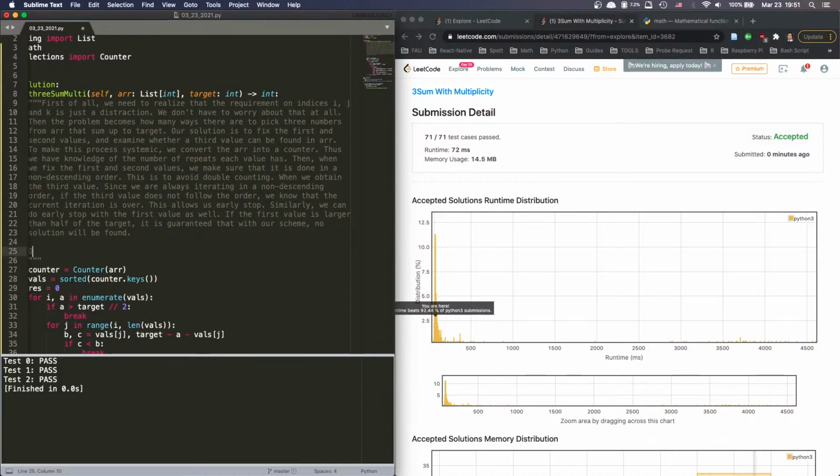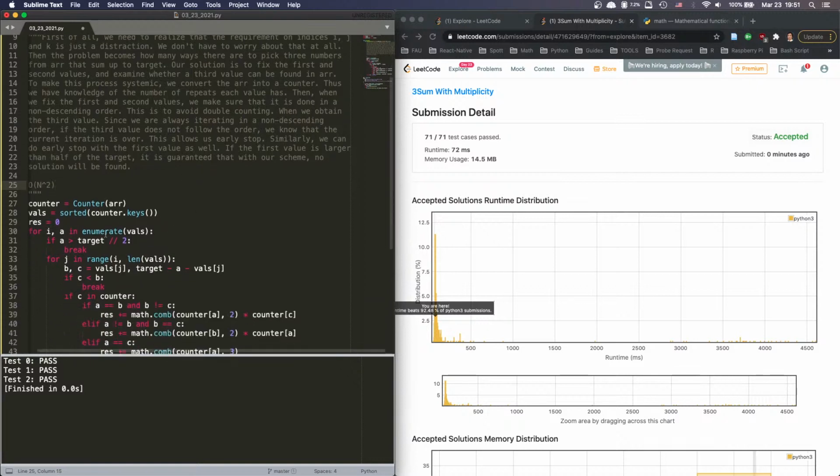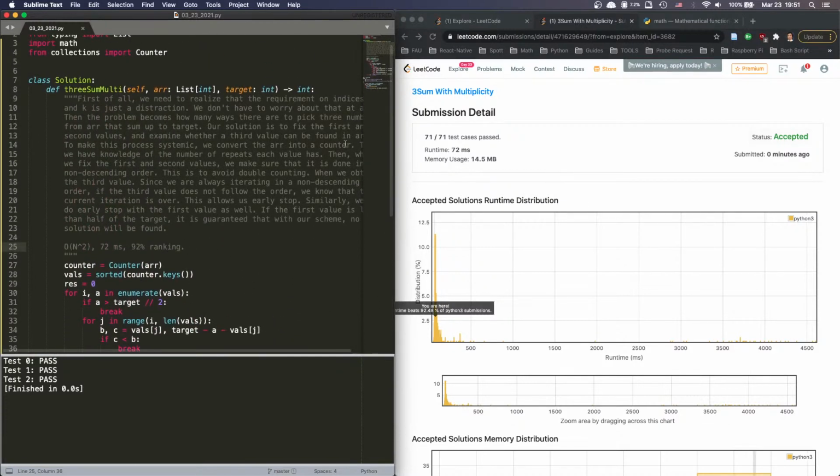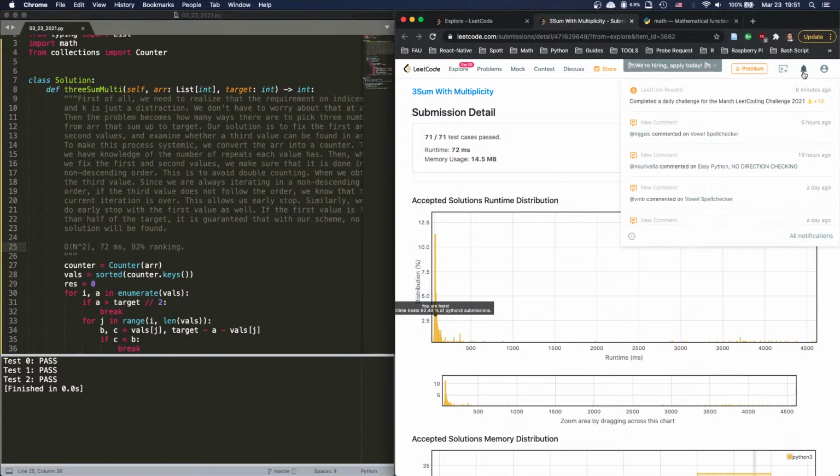Overall, this is O(n) squared. I think it's pretty straightforward. 2 for loops, O(n) squared, and we run it at 72 milliseconds, and we surprisingly get a 92% ranking. So with this, I declare that our fiasco from yesterday has been avenged, which made me happy.